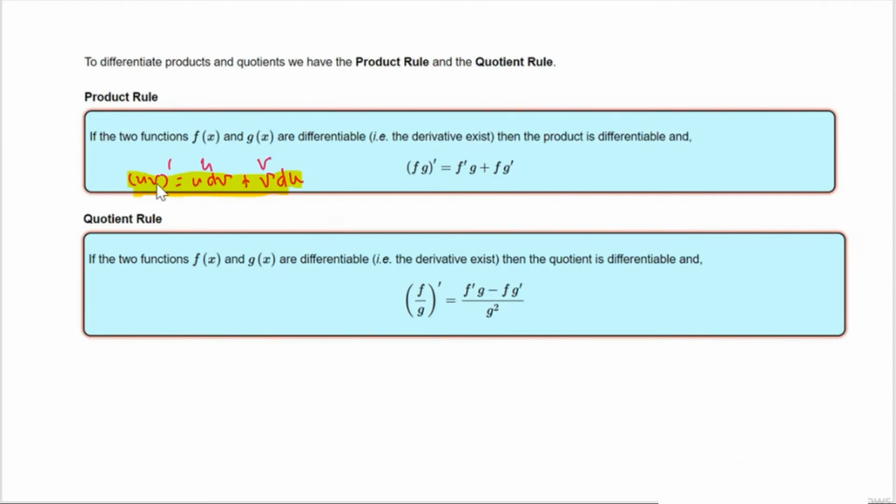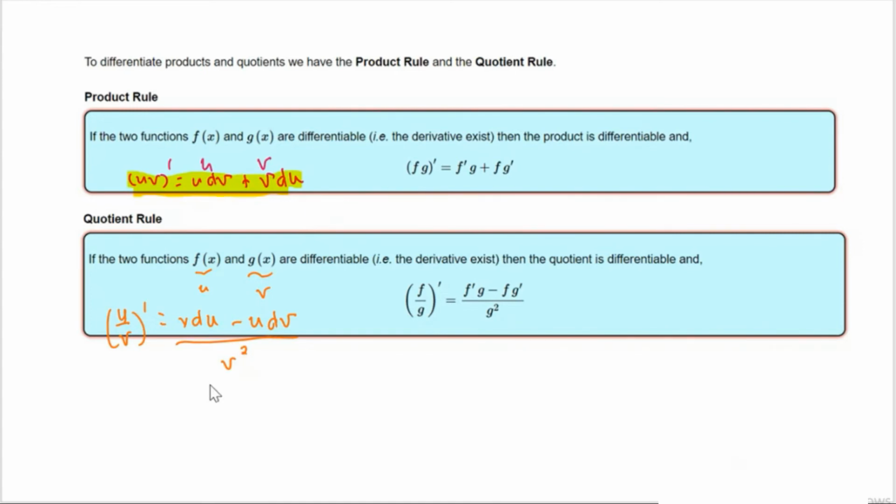Or I can also use my other notation. If f of x is represented by u and g of x is represented by v, I can now write the derivative of u over v as equal to the denominator times the derivative of the numerator, minus the numerator, which is our u, times the derivative of the denominator, all over the square of the denominator.